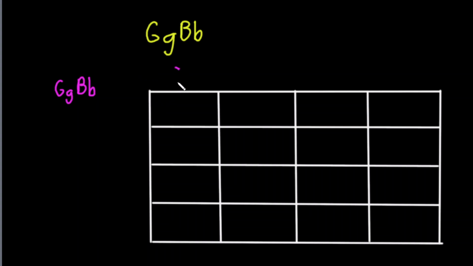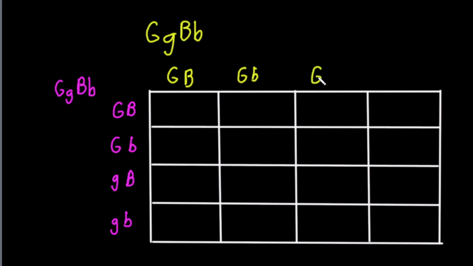All right, and if we look, we'll see that this individual has these potential gametes along the side. And it turns out that we see the same potential gametes written across the top because they were both heterozygous. Oops, that should be a lowercase g.